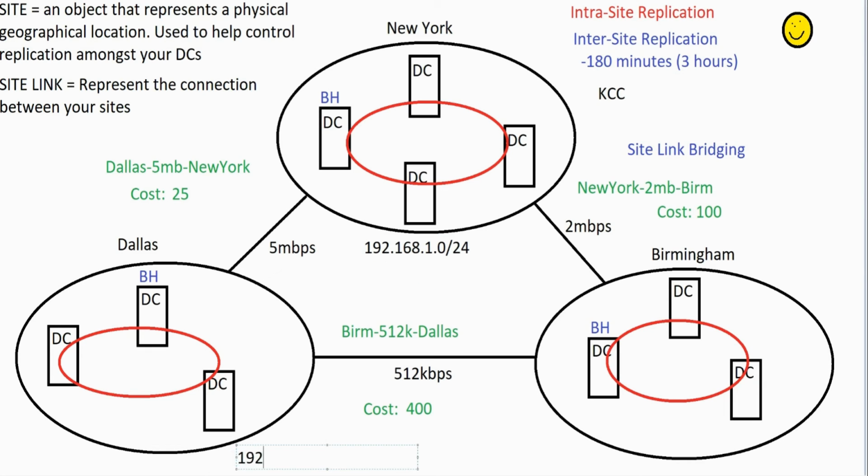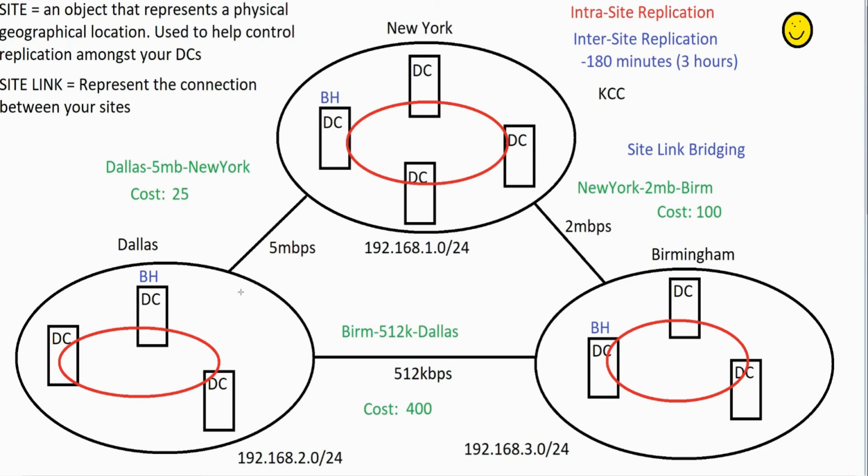And then maybe Dallas is 192.168.2.0/24, and then Birmingham is 192.168.3.0/24. The reason that's important is because DNS, your domain name system, is going to receive this information, and it's going to know which domain controllers reside in which site.